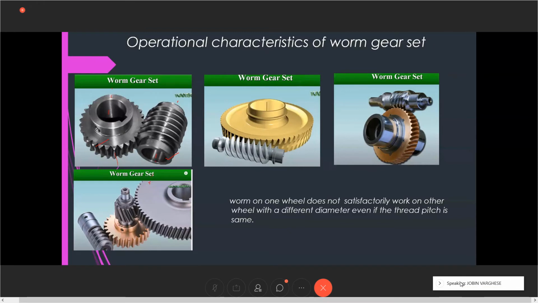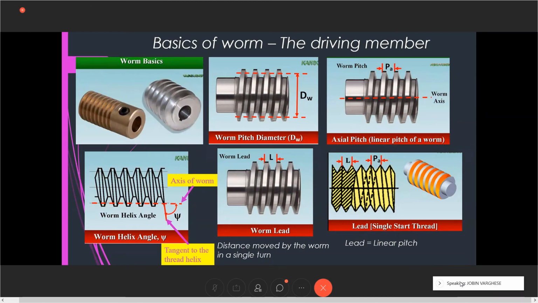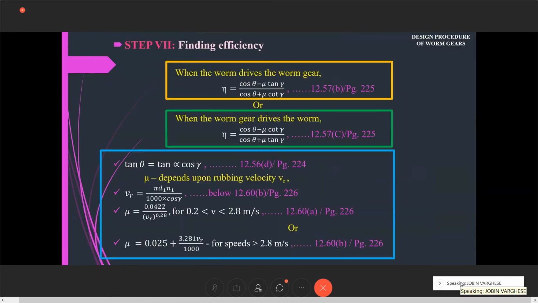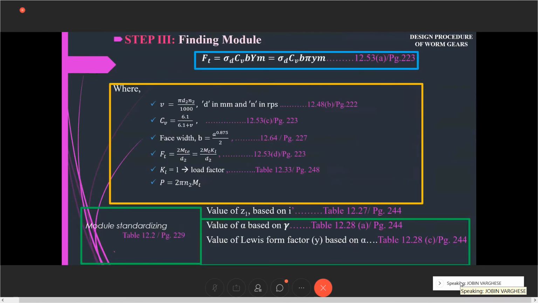Another question: is there any mathematical relation between lead angle and helix angle? We have to take it from the theory.